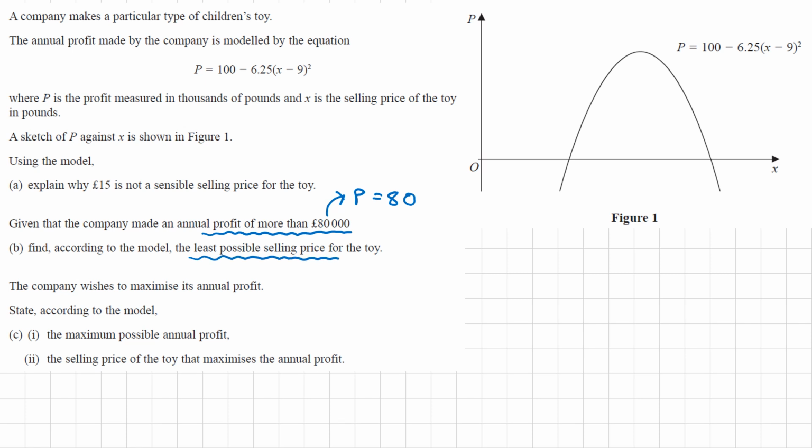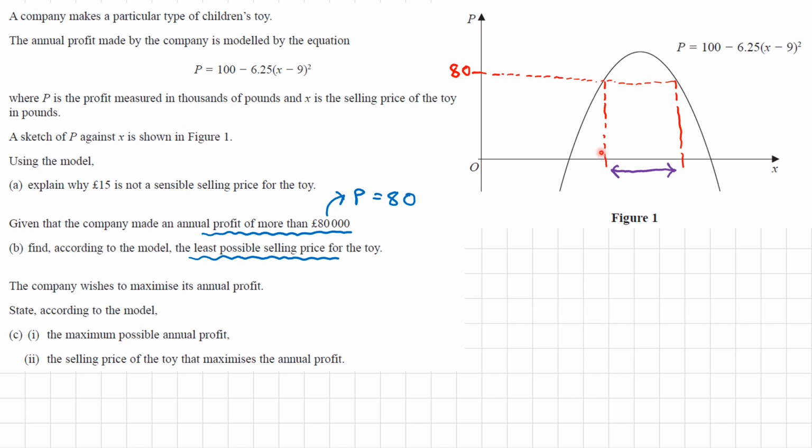Now, if I were to represent that on the graph here, let's say that a profit of 80,000 represents a value of P which is about here. If I go across to my graph, I can see that I will get two values of x. Between these two values of x, I will get a profit greater than 80,000.